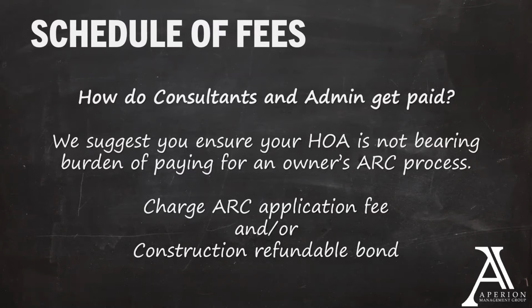So how does management and how do consultants get paid for their work that they do in administering and reviewing the architecture review plans? And that's where you're going to want to think about, alongside the design guidelines, establishing a schedule of fees to ensure that your HOA isn't bearing the burden of paying for an owner to go through the architectural review process.